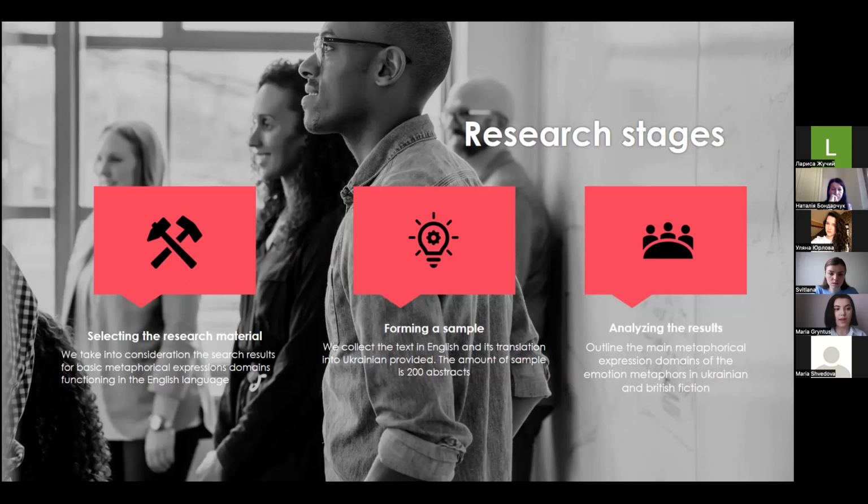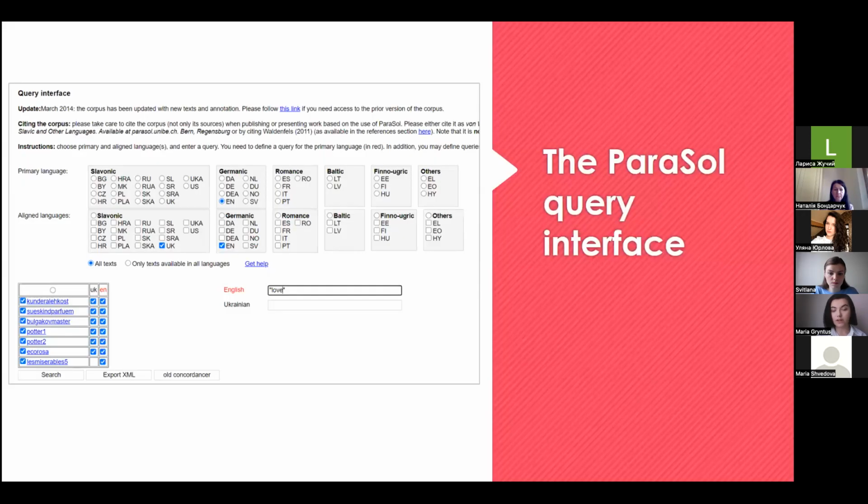As soon as those steps have been carried out, the specifics of the metaphors' translation into Ukrainian are under study. We analyze the translation and outline the main metaphorical expression domains of the emotion metaphors in English and British fiction. Here you can see the corpus interface. It includes morphosyntactic and other linguistic annotations such as lemmatization for many languages, which gives us additional opportunities.